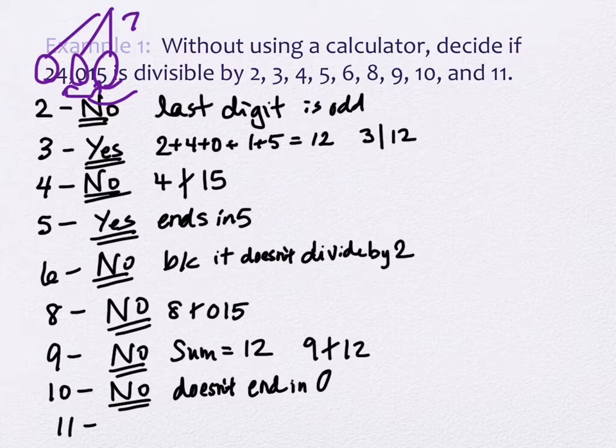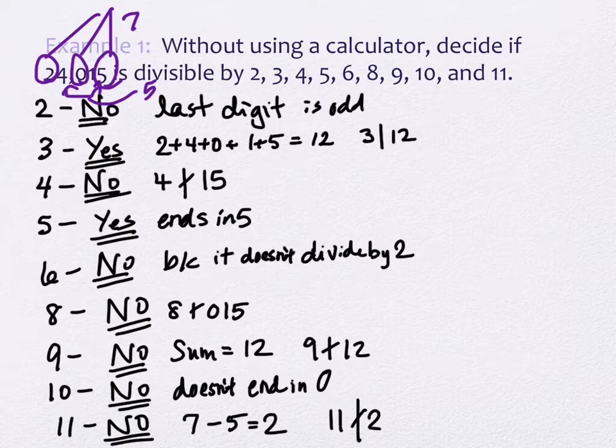So 4 and 1 is 5. So in one place value, I have 7, and in the other, I have 5. So I just subtract big minus small, and I get 2. And does 11 divide 2? No. So the answer here will also be no.